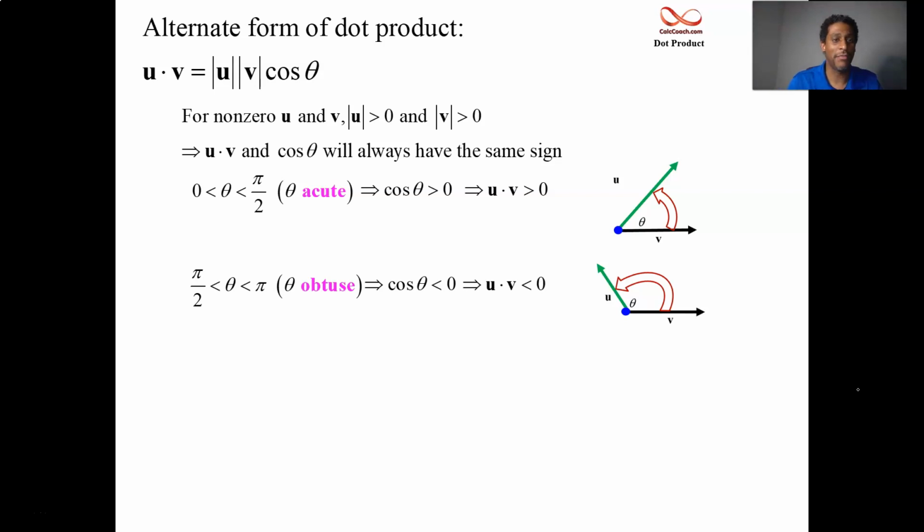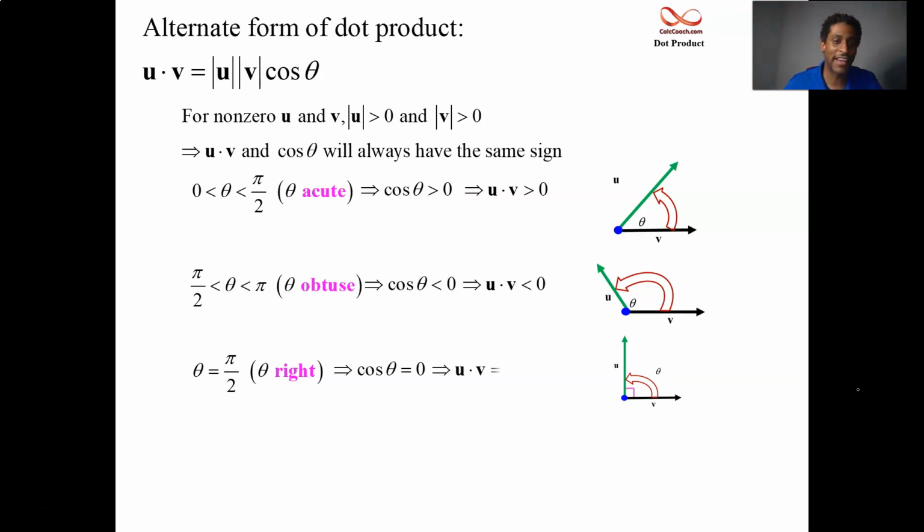And then finally, this is the big reveal, I guess. If you're exactly equal to 90 degrees, if you're a right angle, the cosine of 90, the cosine of pi over 2, is equal to 0. And if the right-hand side is equal to 0, the left-hand side will be equal to 0.